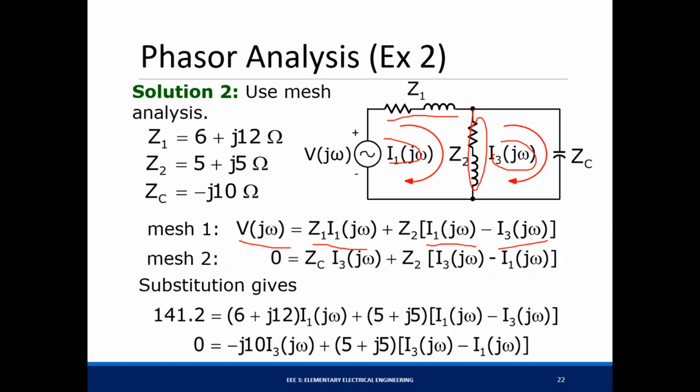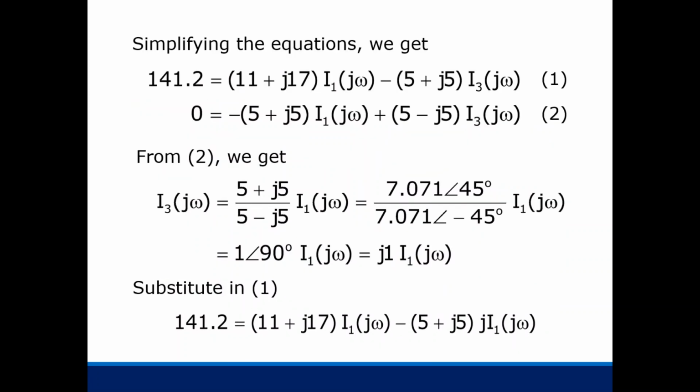That's your mesh. Mesh 2 is just ZC times I3 plus Z2 times I3 minus I1. Substitution, you'll get this for your first equation. Simplifying, you get this expression here and this expression here.